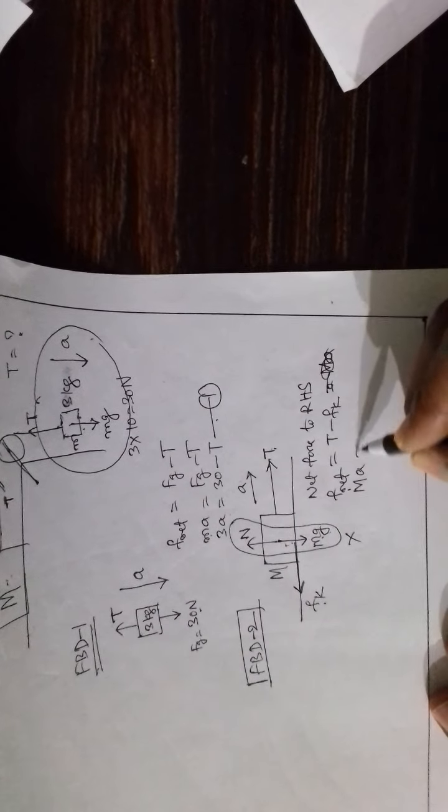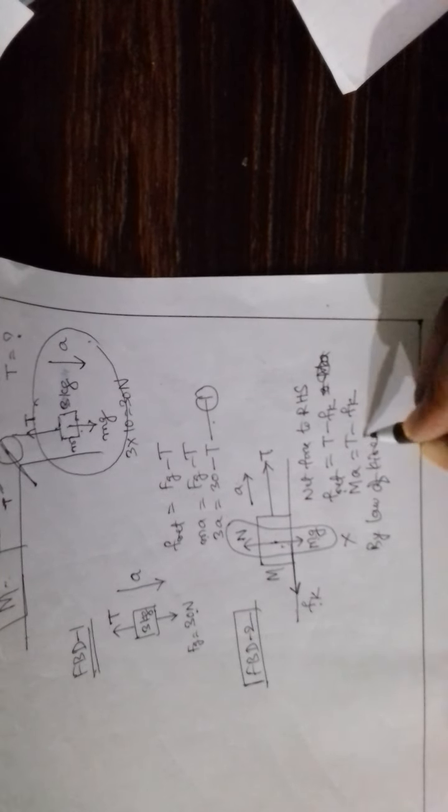But according to Newton's second law, F is equal to ma, because its mass is taken as capital M. So F net is Ma, which equals T minus Fk.